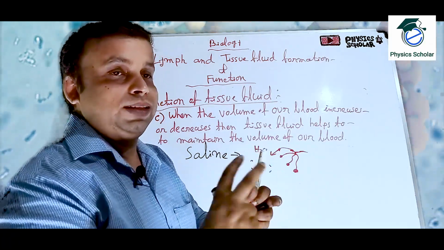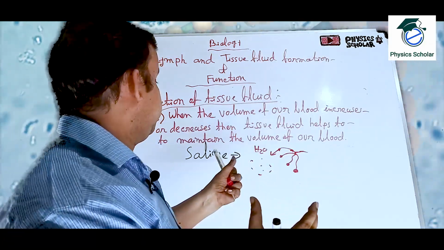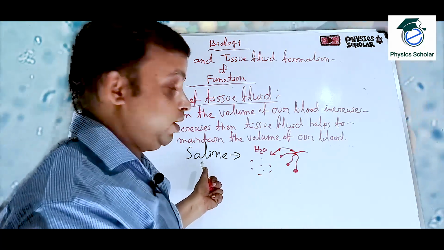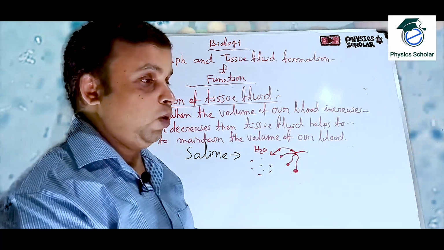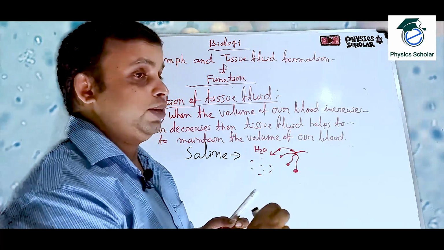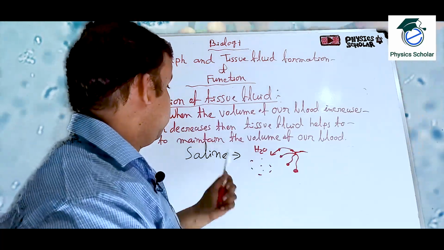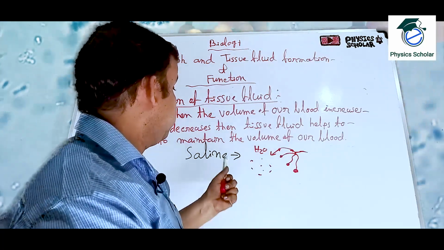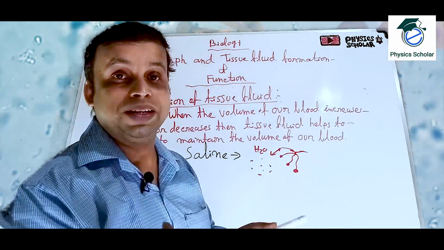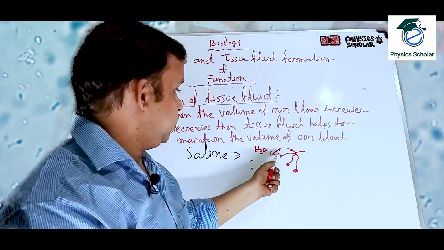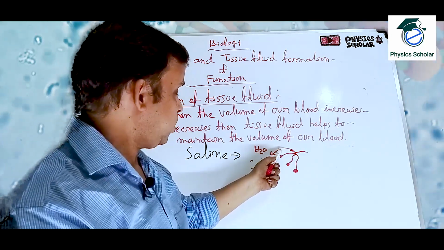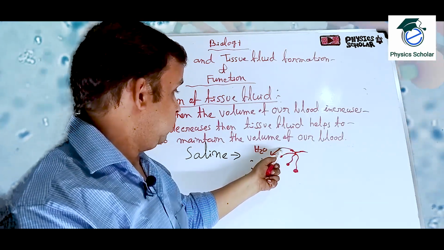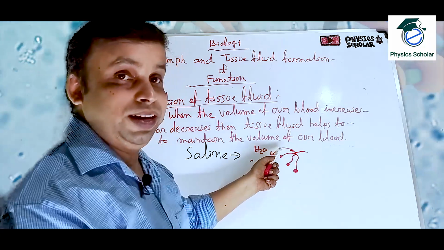So that means if the volume of the blood increases by any reason, especially if we are giving saline to a person, then the amount of water in the blood will increase. Then the blood pressure will increase, as well as the density of the protein will decrease.